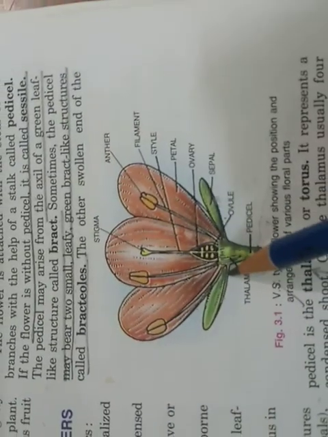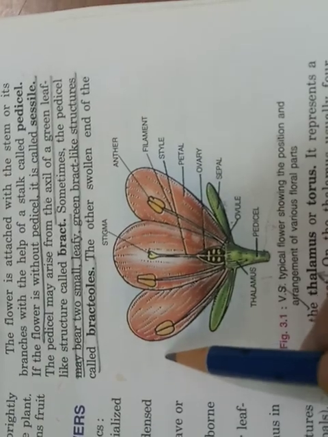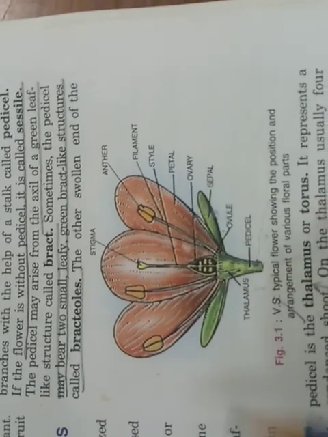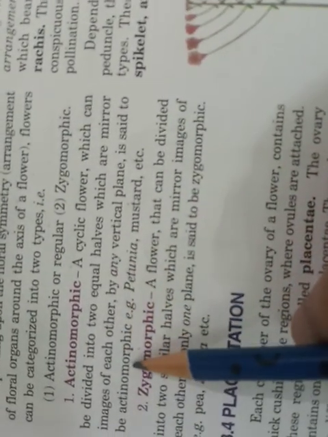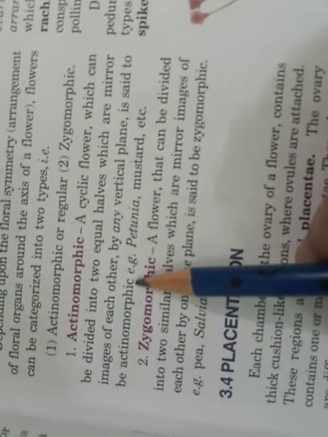If you cut like this, more parts will be here and less part will be here, so this is not an actinomorphic flower. In an actinomorphic flower, if we cut the flower by any vertical plane, they are mirror images, and such flowers are known as actinomorphic flowers.